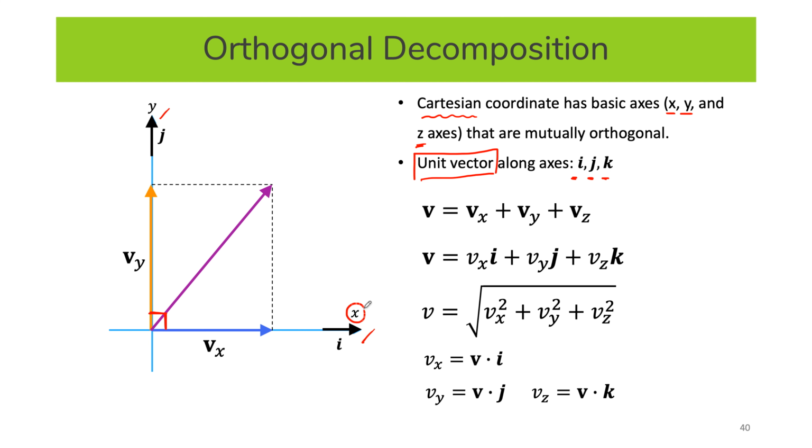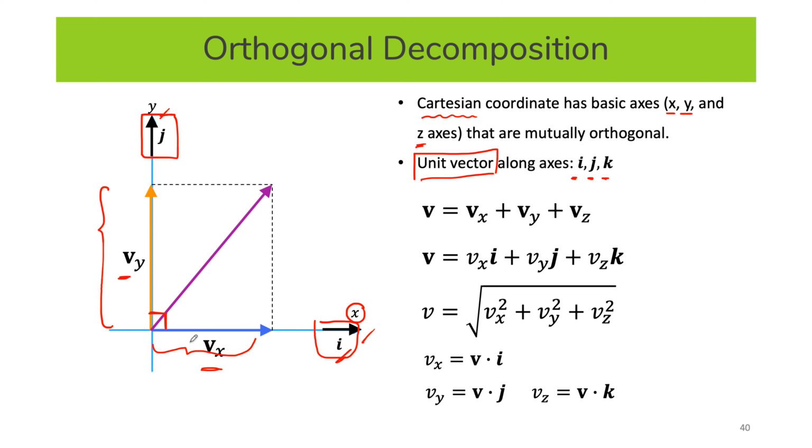So for the x-axis, I have the unit vector i drawn here, and for the y-axis, I have a unit vector j drawn there. Now, I have a vector vx drawn here, and it's this long. I also have a vector vy drawn over here, this long.